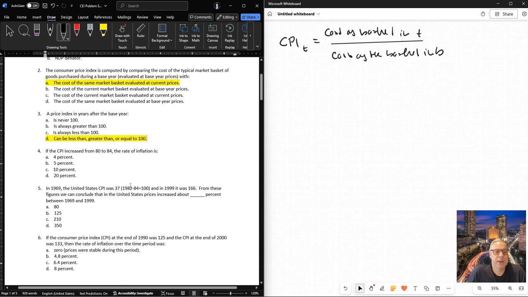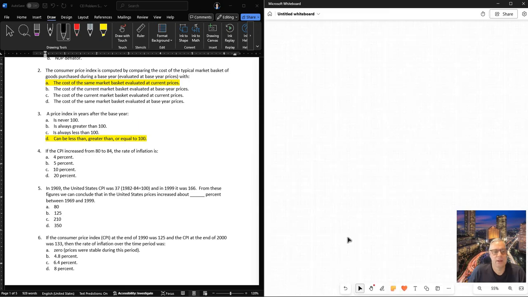Okay, so the CPI increases from 80 to 84. So the rate of inflation is now, okay, so let's say we have the CPI today, that is 84.